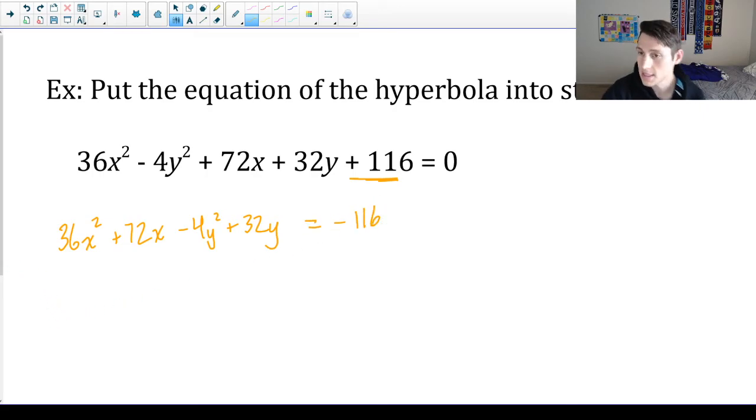Equals minus 116. I have these coefficients in front of the squared terms. So just like with ellipses, I need to first factor those out before I complete the square.